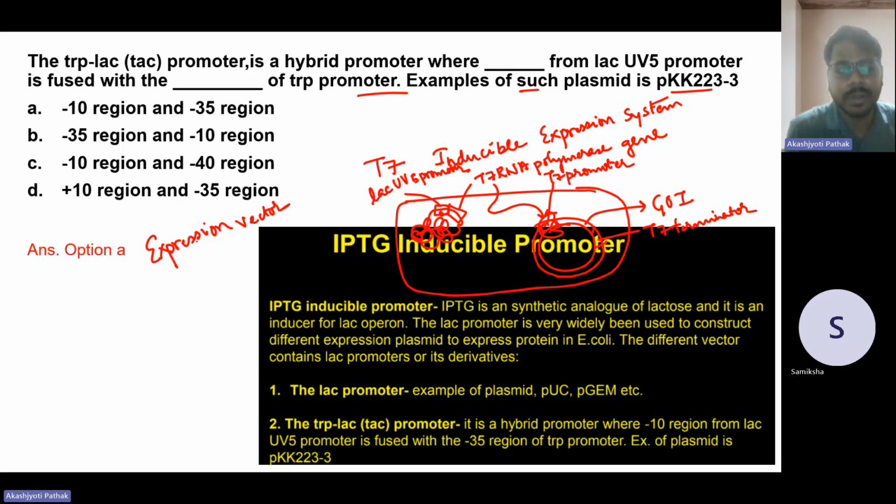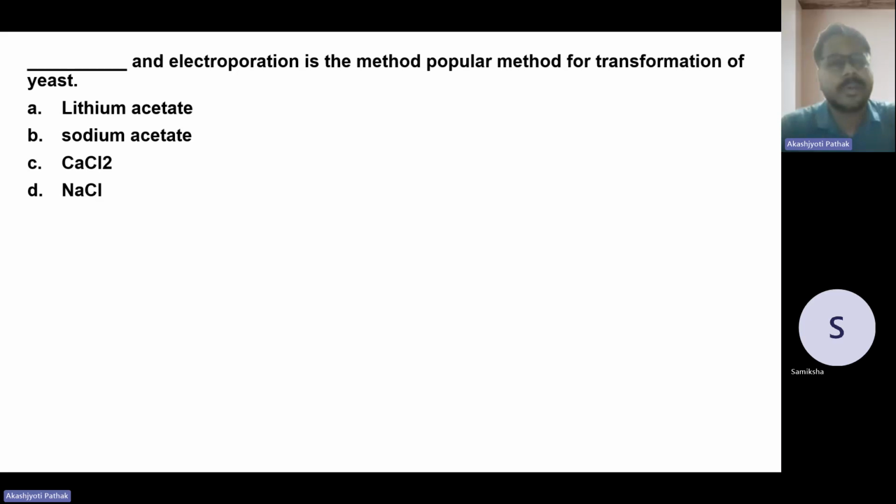It needs a promoter and a ribosome binding site. All these things have to be present so that the gene can be transcribed and the mRNA can be translated into protein.